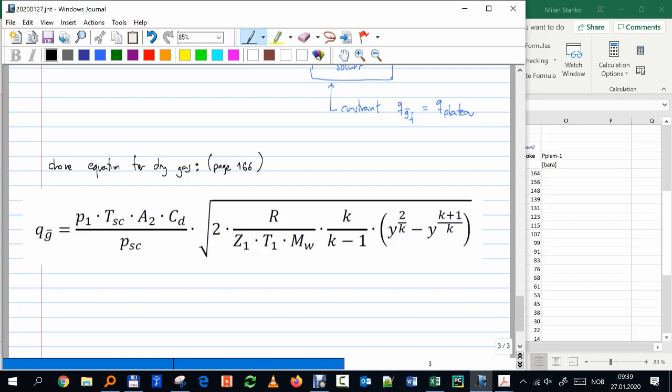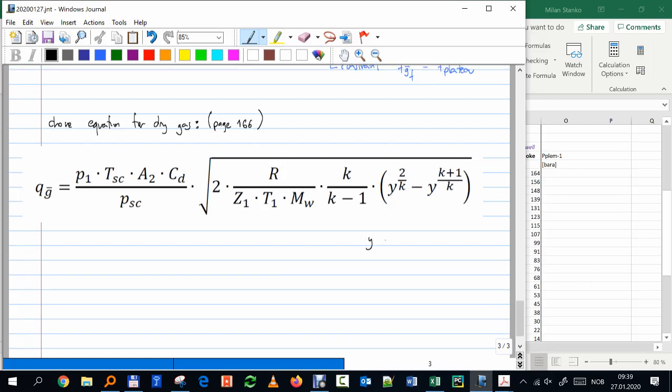Okay, so on this, Y is the pressure ratio between P2 and P1. P1 is the pressure upstream of the choke, and P2 is the pressure downstream of the choke.